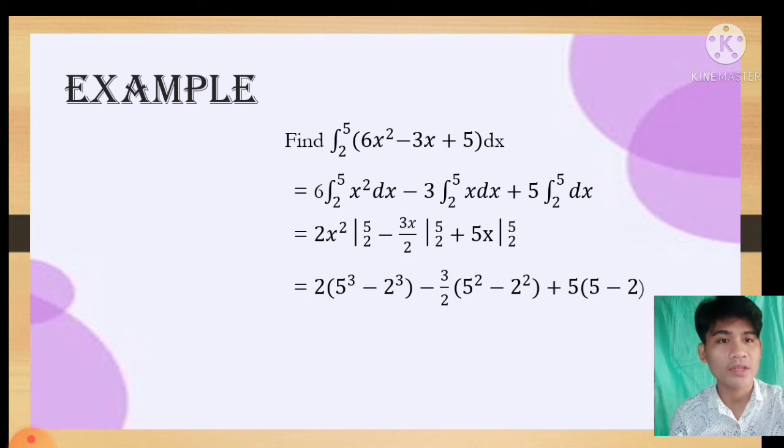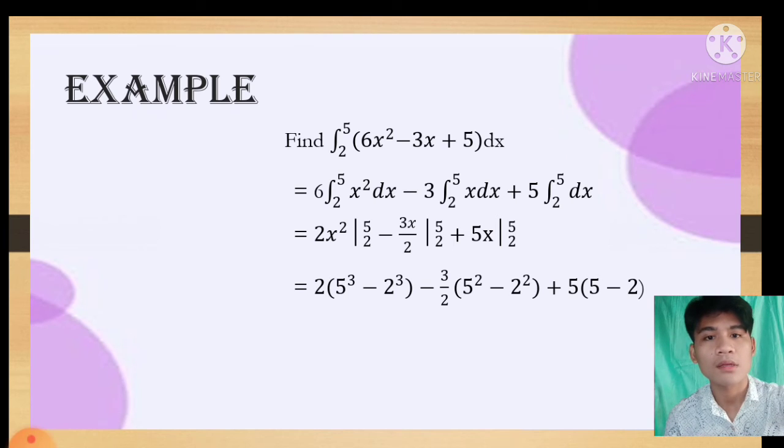Next, we came up with 2 times 5 cubed minus 2 cubed for our first equation. Next, we came up with negative 3 all over 2, quantity of 5 squared minus 2 squared, plus 5, quantity of 5 minus 2.